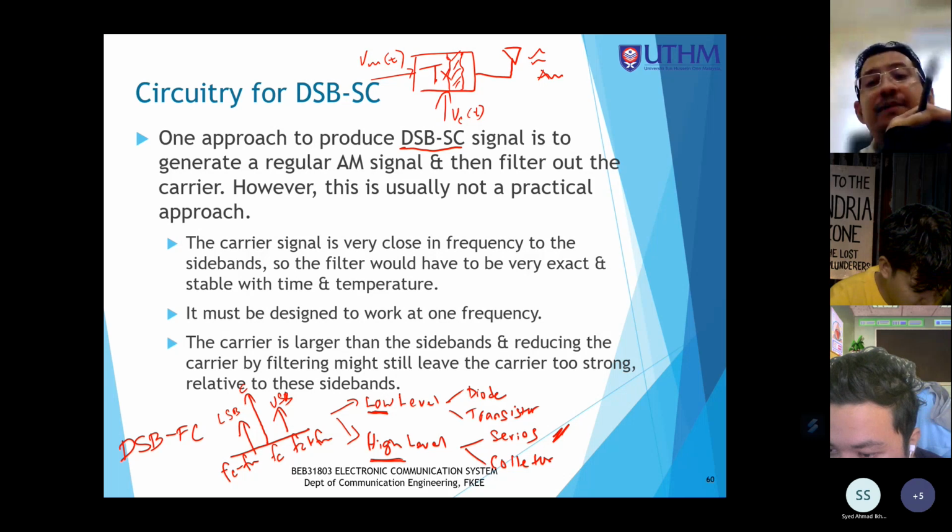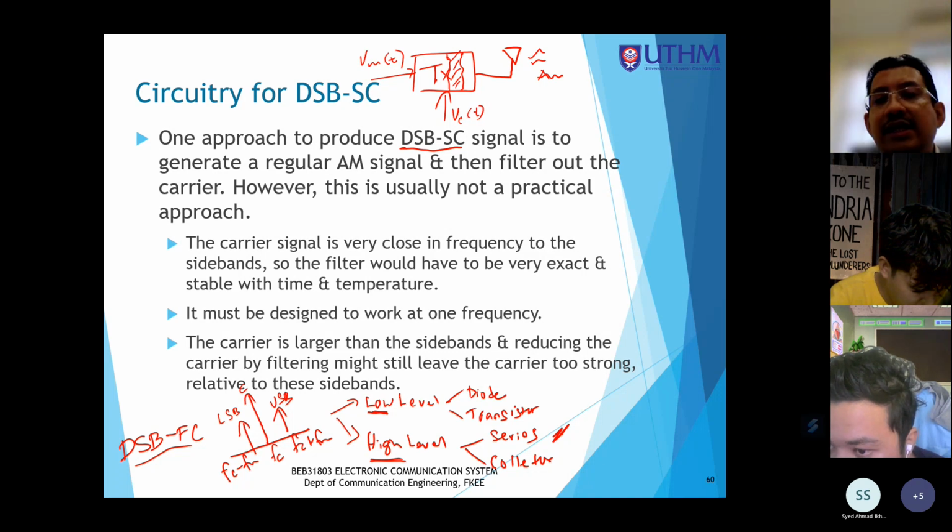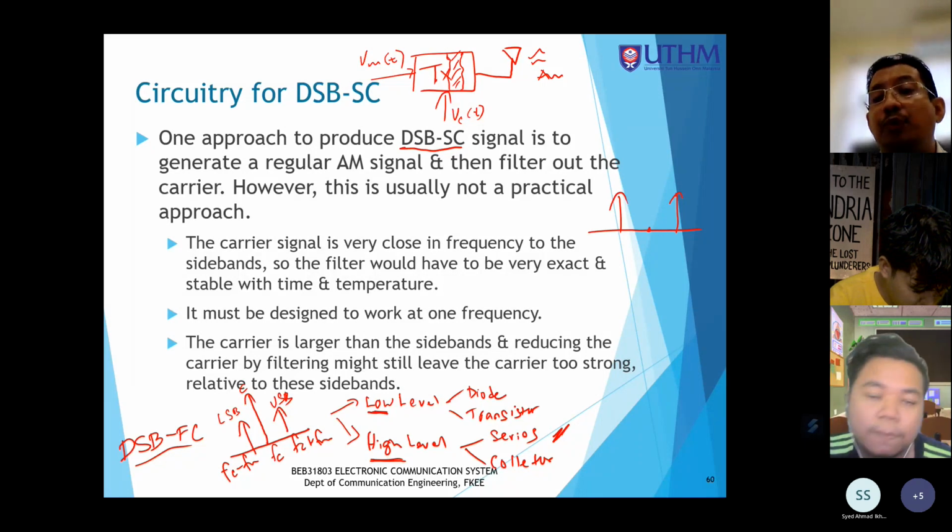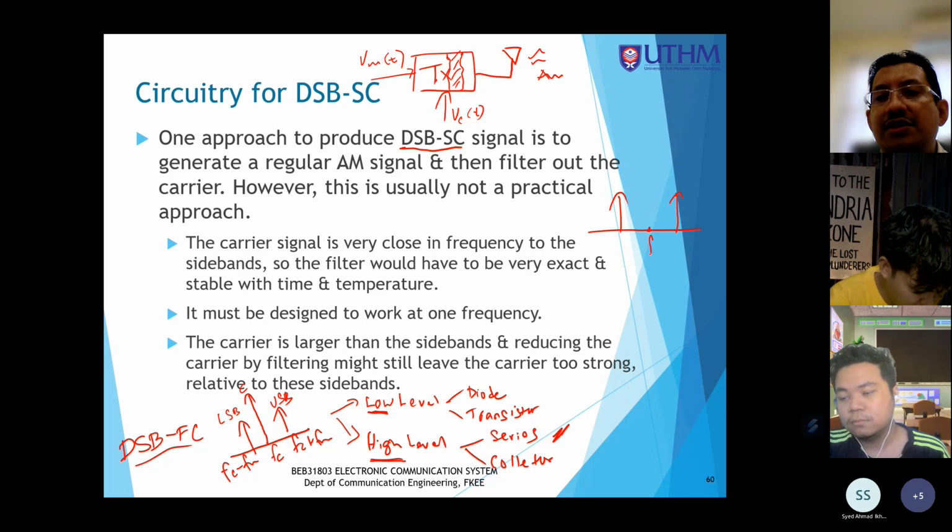So initially we have learned about double sideband full carrier, and last week also we have learned about this double sideband suppressed carrier, yang mana kita nak menghasilkan double sideband and also suppressed carrier. That means we want to suppress 100% the carrier component. Why do we do it like this?